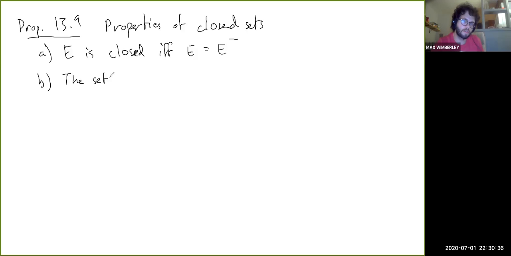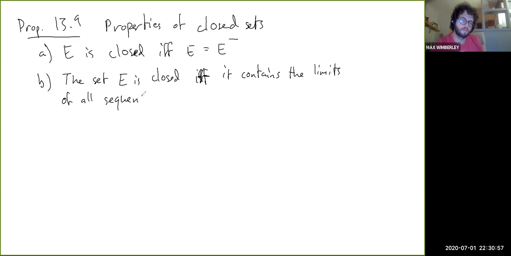So the set E is closed if and only if it contains the limits of all sequences of points in E. Okay, so this is the version of the definition that we were talking about before, right?